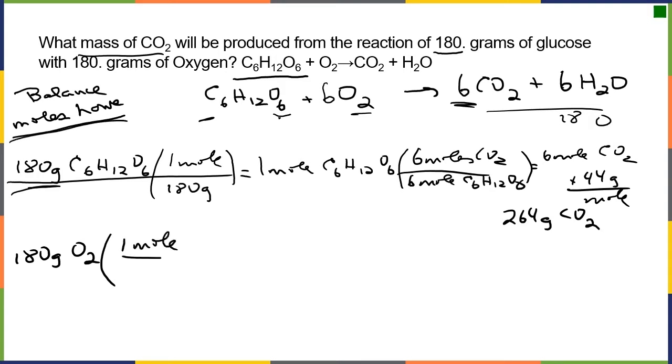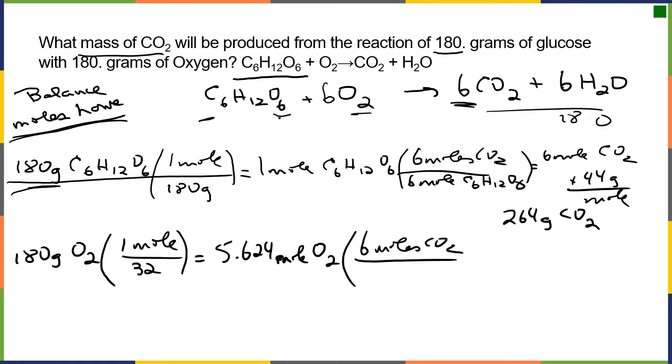The molar mass of oxygen is 32. And that's going to give us a total here of 5.624 moles of O2. We're going to have to get CO2, 6 moles of CO2 from our balanced equation for every 6 moles of O2.